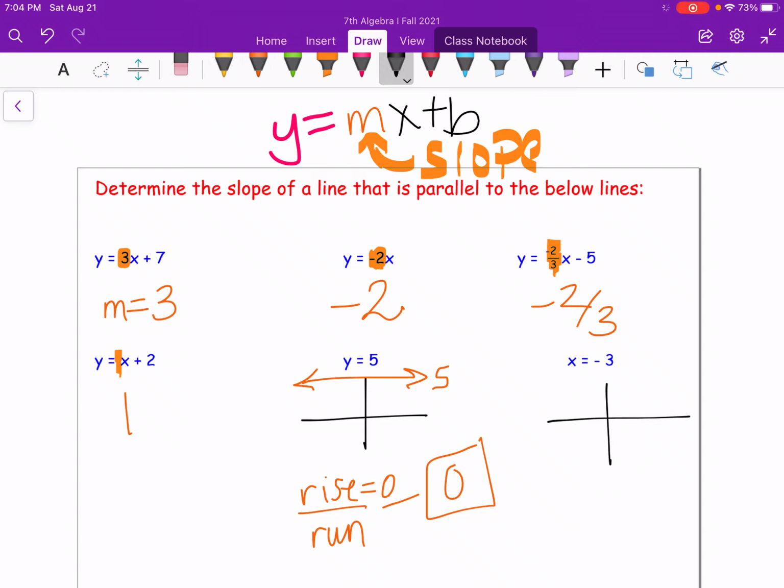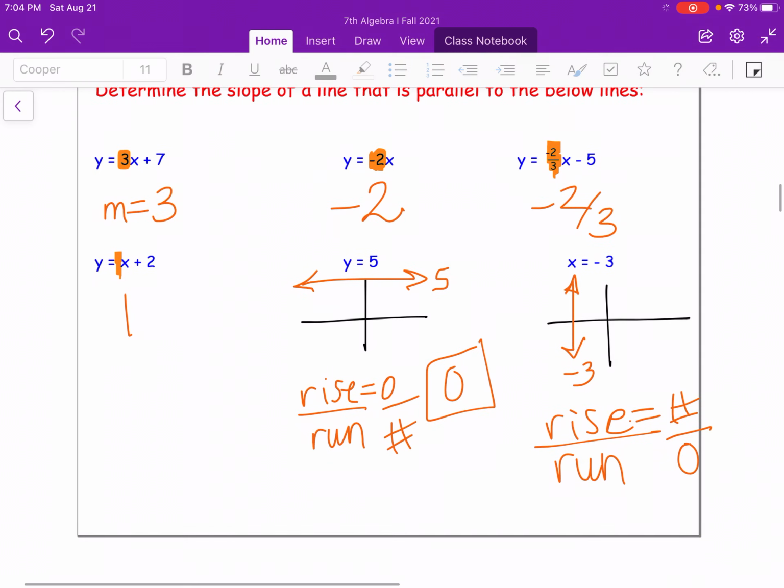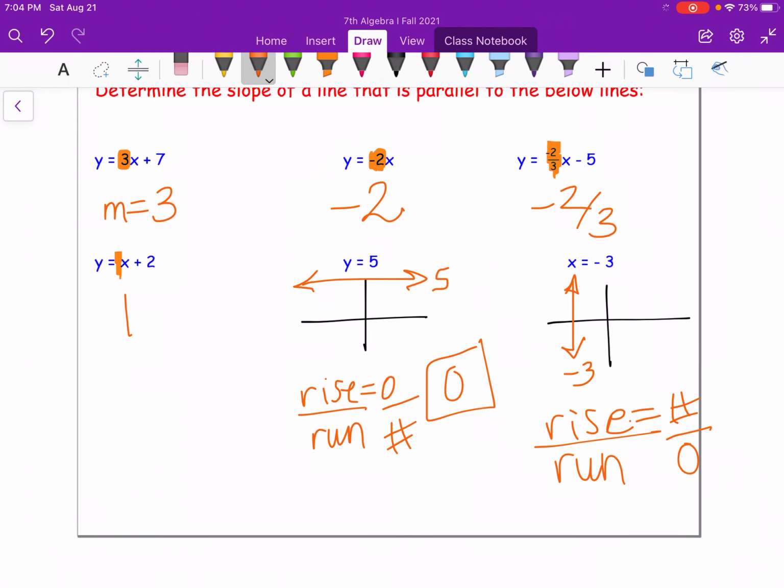In a different way, x equals -3 is a vertical line at -3. That has a rise of some number over a run of 0. If you take some number and divide it by 0, you can't do that. Like, you can't take $5 and split it amongst 0 people. So that is undefined.